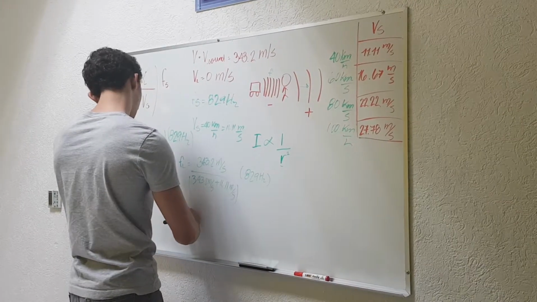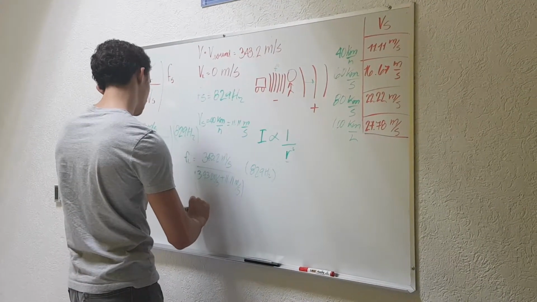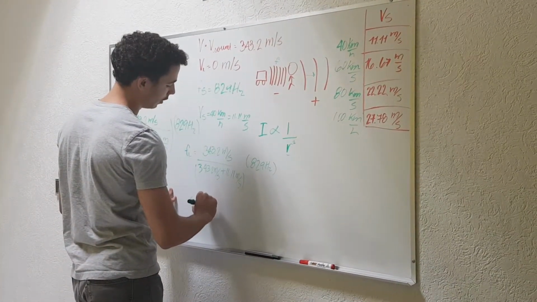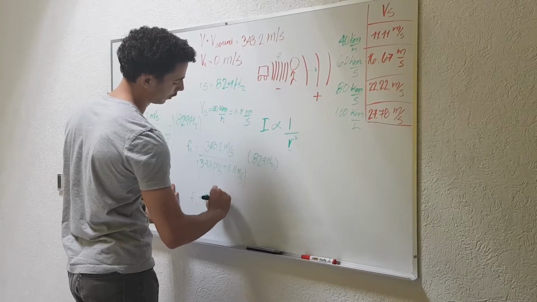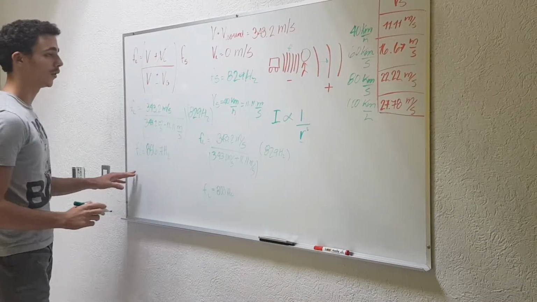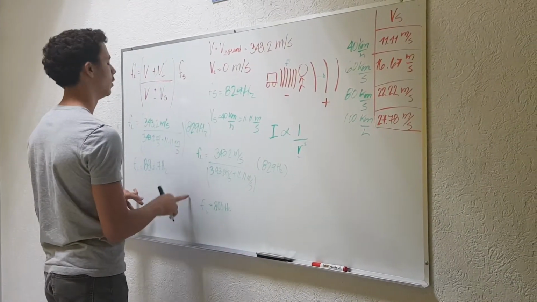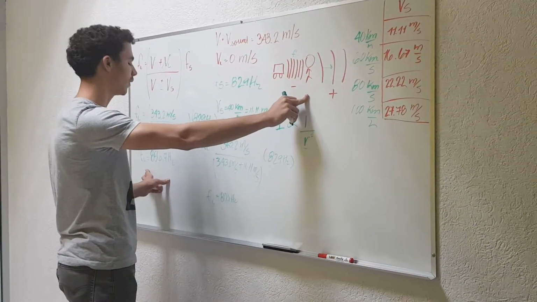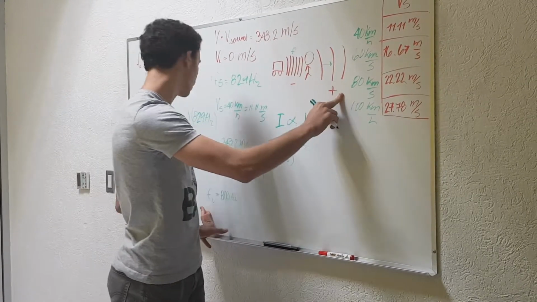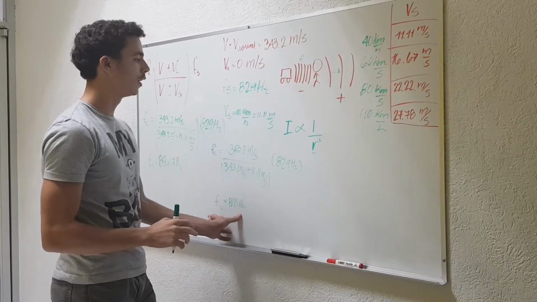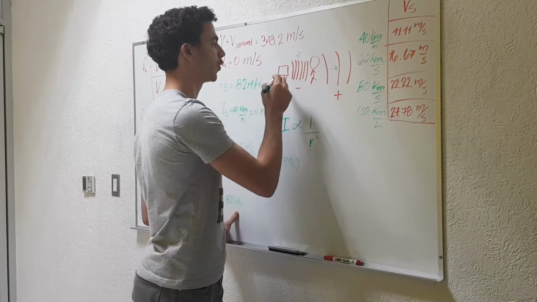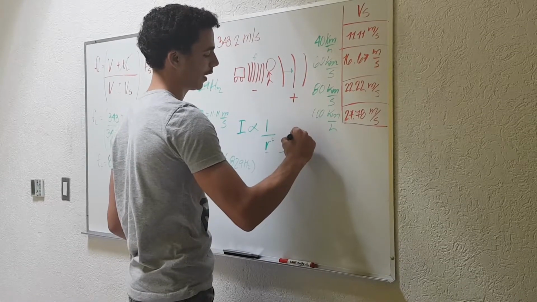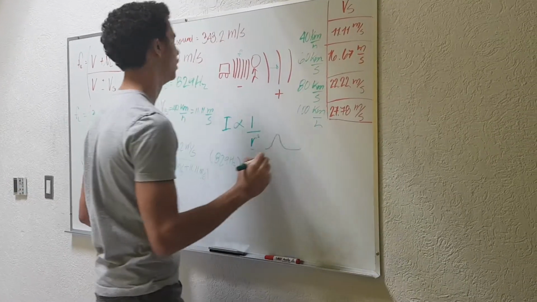We obtain that the frequency of the listener is equal to 803 hertz. So as you can see, when the car is coming closer, the frequency of the sound increases, and when it is getting farther, the frequency decreases. And the intensity is going to change through time, and it's going to look something like this. It's coming, it's at its highest, and then it goes down again.